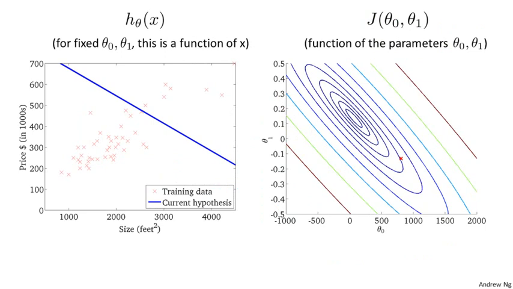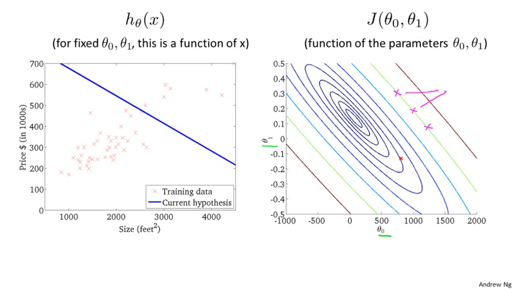So here's an example of a contour figure shown on the right, where the axes are theta 0 and theta 1. Each of these ovals, each of these ellipses, shows a set of points that take on the same value for J of theta 0, theta 1. Concretely, for example, let's take that point and that point and that point.